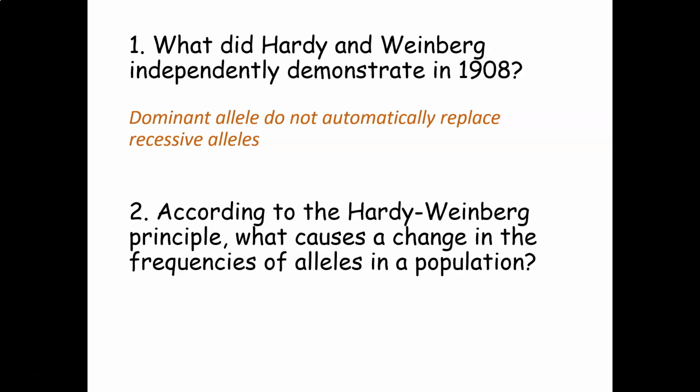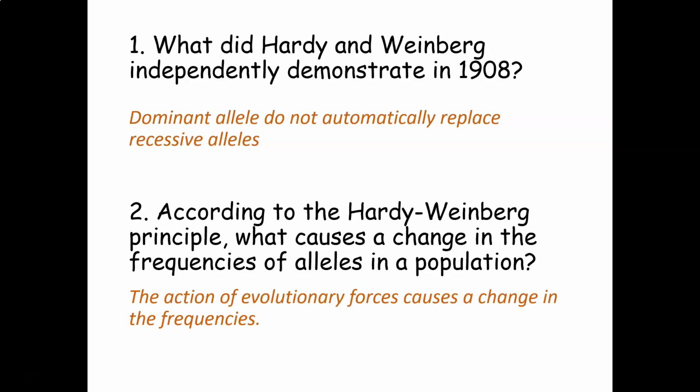Okay, let's take a look at question 2. According to the Hardy-Weinberg principle, what causes changes to the frequency of the alleles in a population? So there are evolutionary forces at play if those frequencies of alleles are changing from that static predicted baseline that Hardy and Weinberg predict.